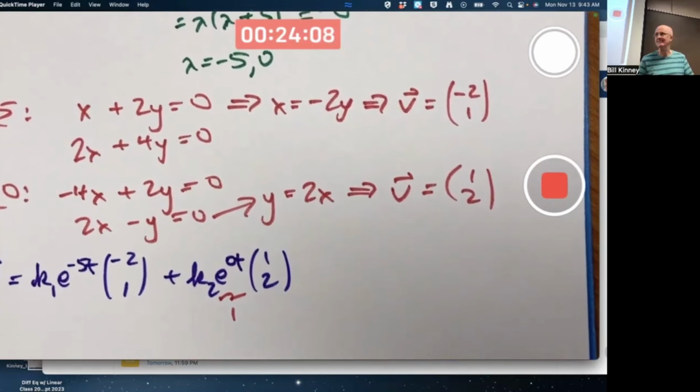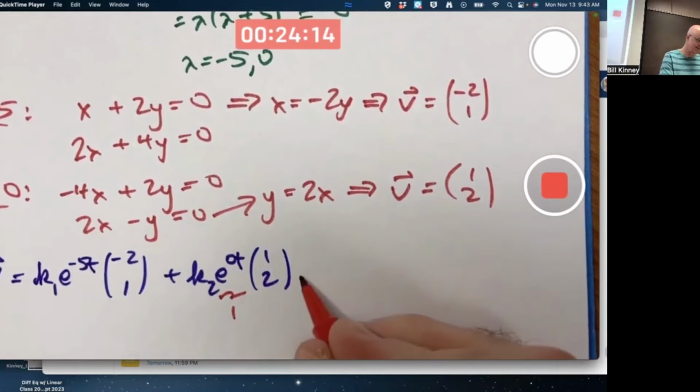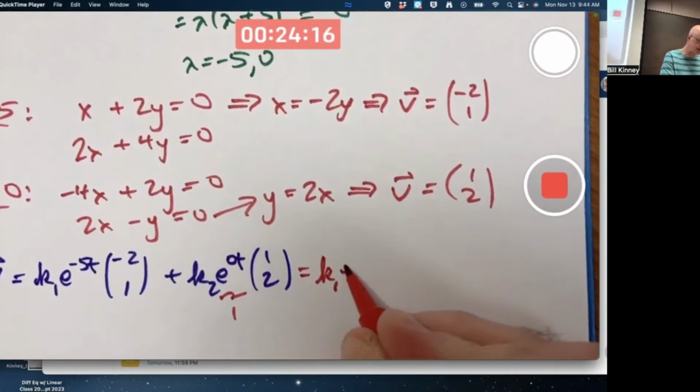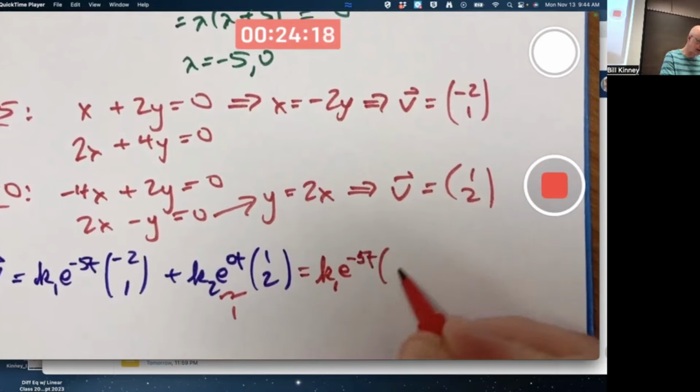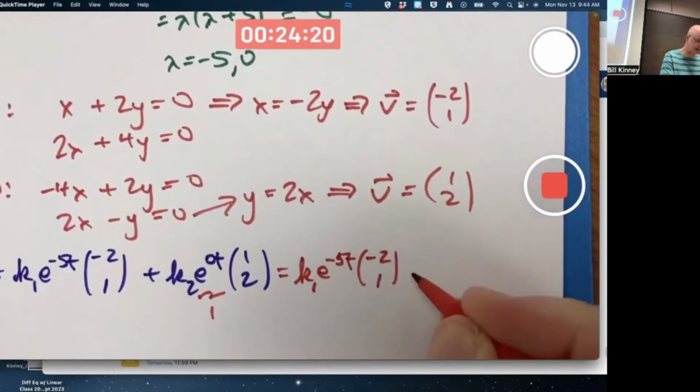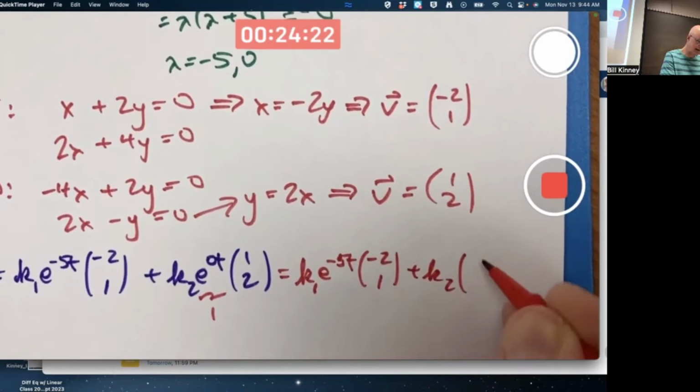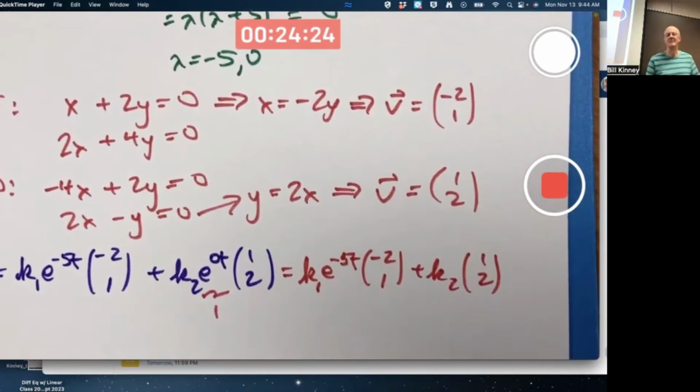It's just happening. It's just what happens in this example. That doesn't stop us from writing the general solution, though. It just looks different than usual. And then we can use this to solve initial value problems.